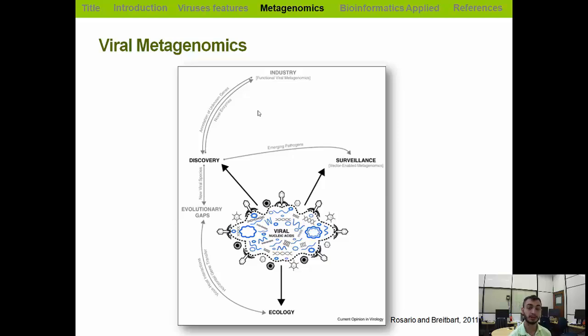That could allow us to do surveillance of this pathogen, and if one day it emerges, we are prepared for it. So that's what you can do with viral metagenomics.